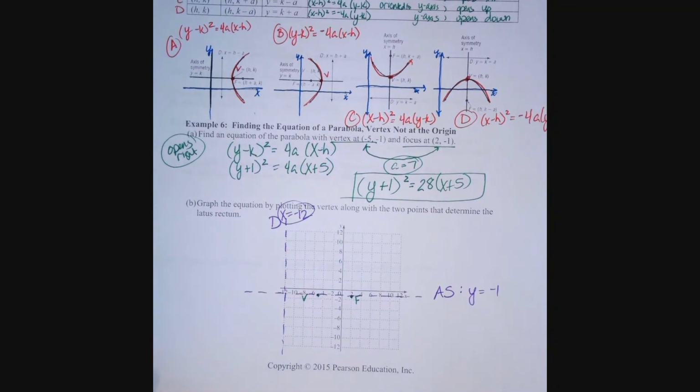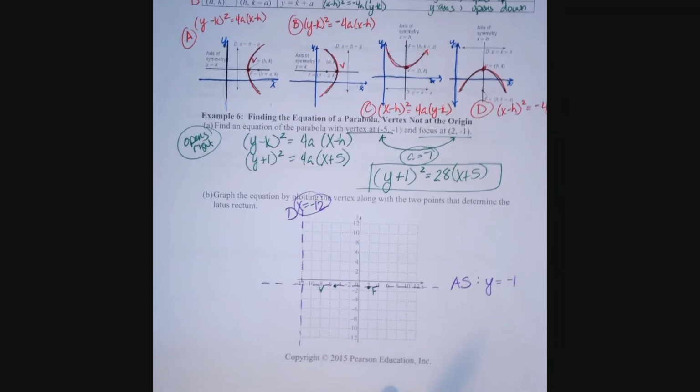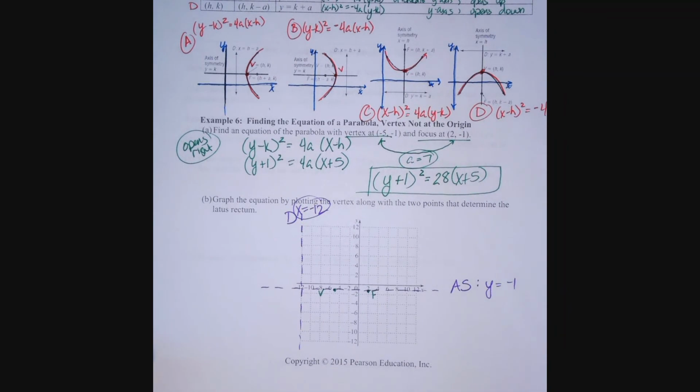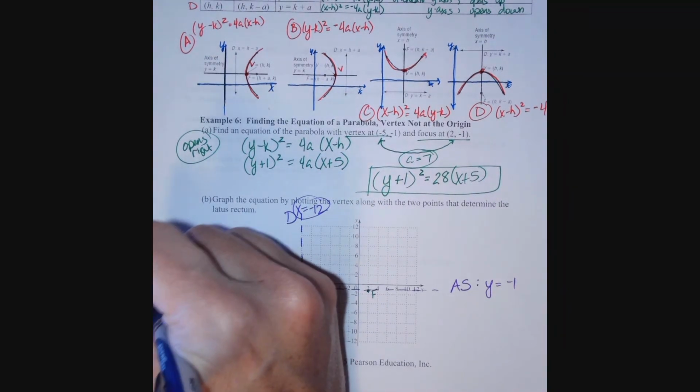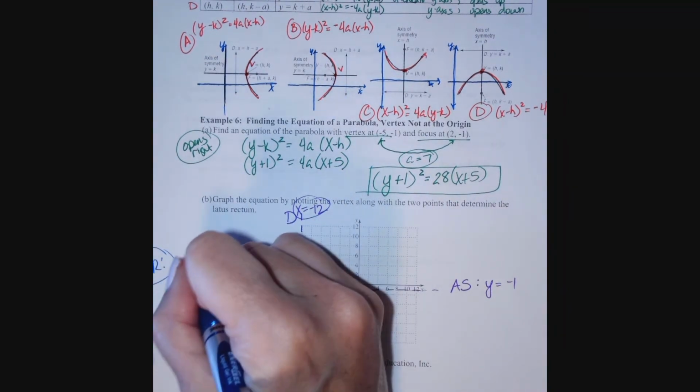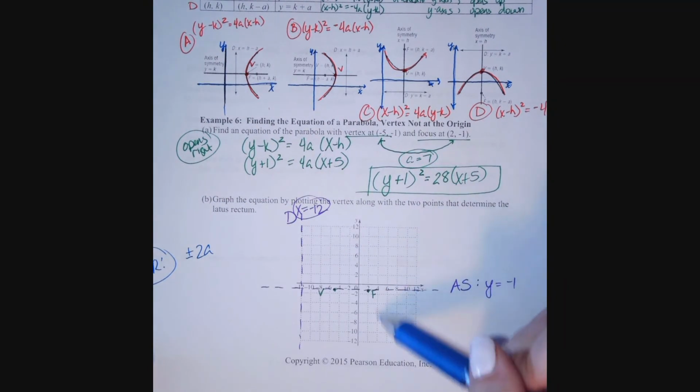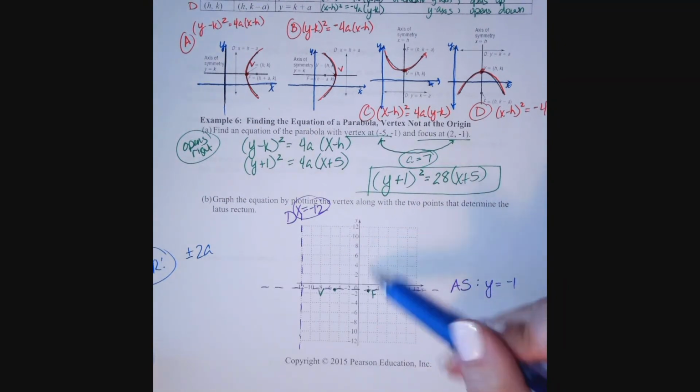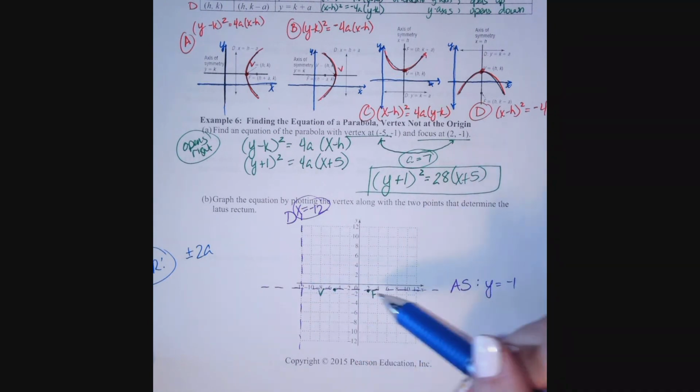What else do we need? We've got focus, we've got vertex, we need our latus rectum, we need our endpoints for our latus rectum in order to figure out where to graph the rest of my parabola. So let's do the latus rectum. I'm going to go up and down 2a from the focus because it's going to be on the same line as the focus, parallel to the directrix.